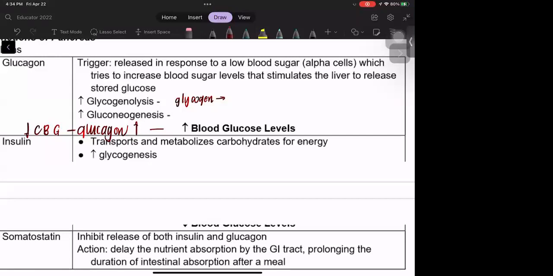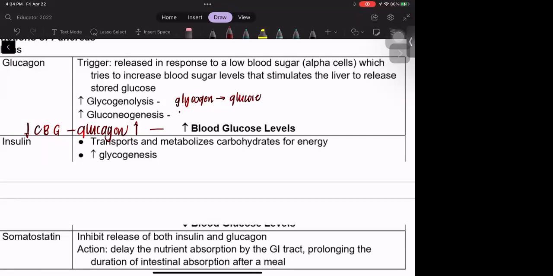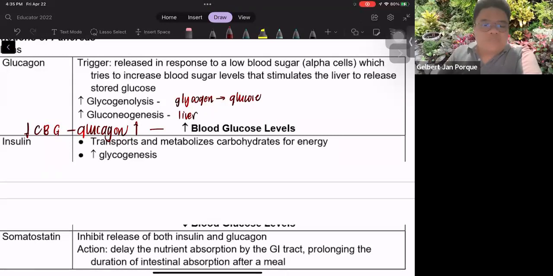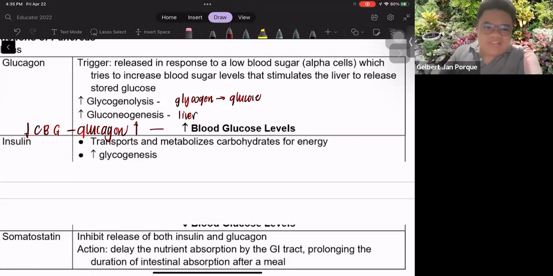Now, let's talk about your gluconeogenesis. So glycogen to glucose. Now, class, your gluconeogenesis is done by your liver. Look at the name, gluconeogenesis, meaning it would still be formation of glucose. However, in this case, it's coming from non-carbohydrate substances. Give me a non-carbohydrate substance that could be converted to glucose by our liver.